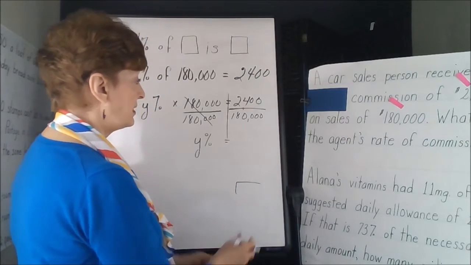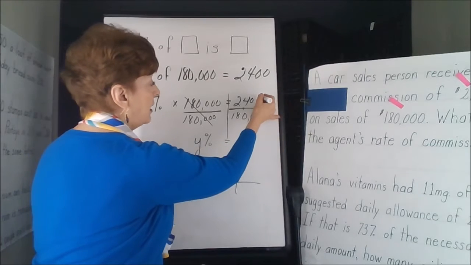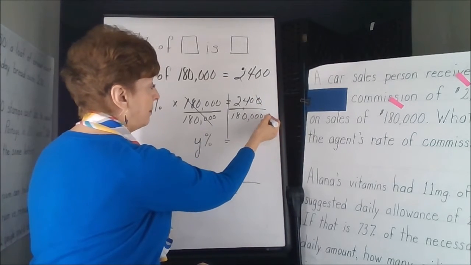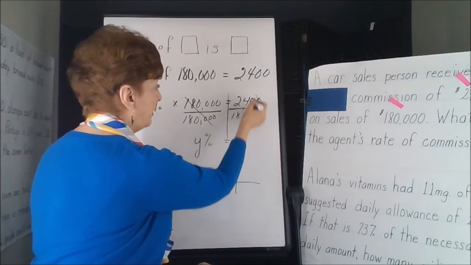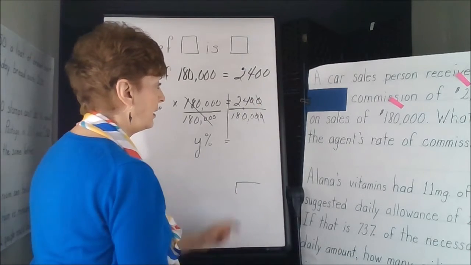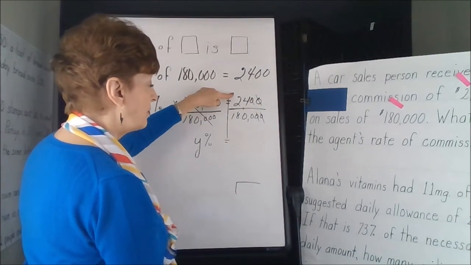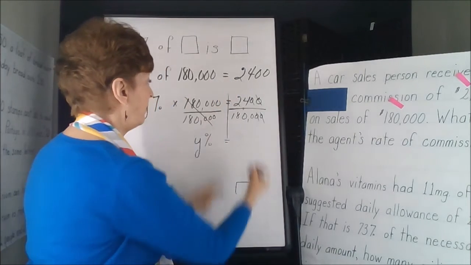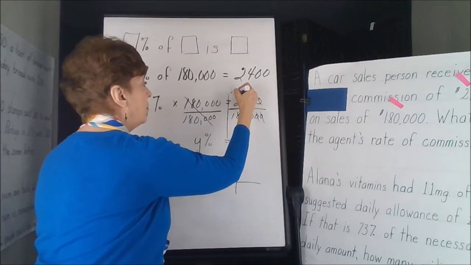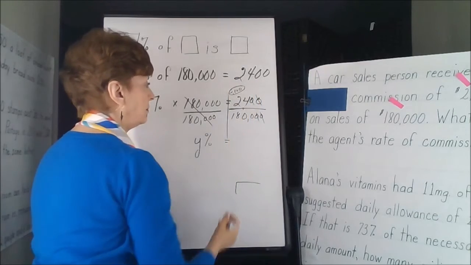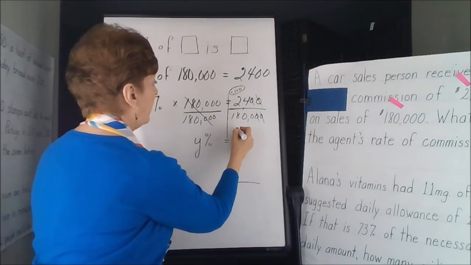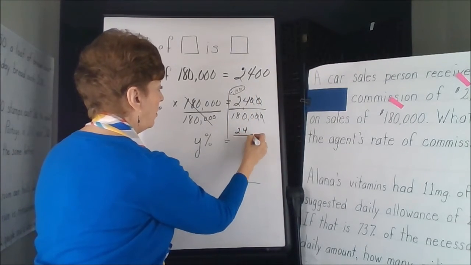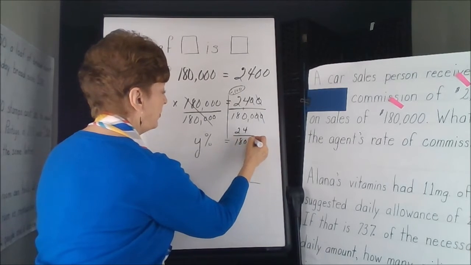So let's do the obvious. A 0 on the top can cancel out a 0 in the denominator, and now we have another one. Basically, we have divided this. We have taken 10 and then another 10, or we have reduced this by 100. Now we're left with 24 over 1,800.